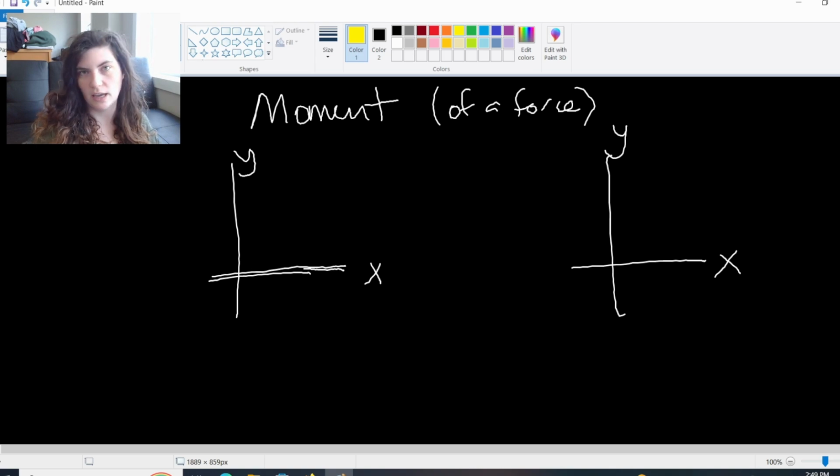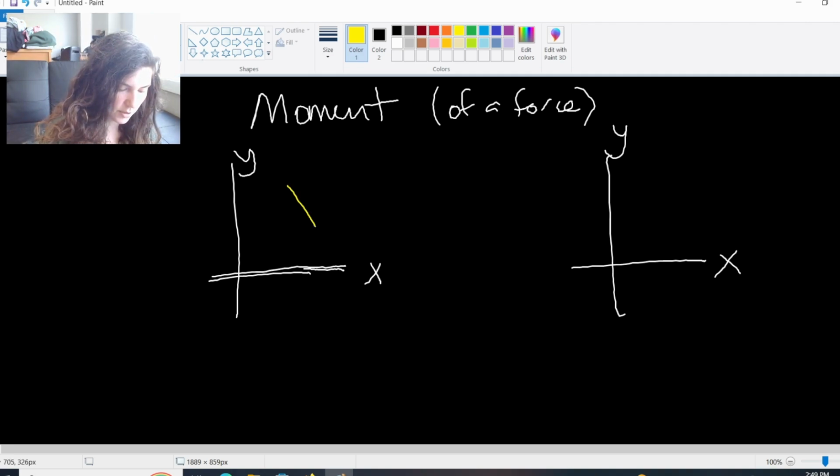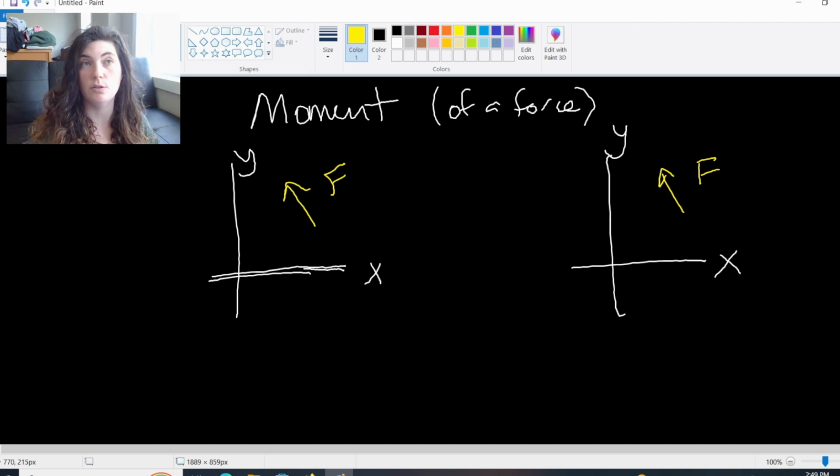Now, when we're doing this scalar analysis of a moment, there are two ways we can approach it. So let's say we have some vector F, some force floating in space, and we want to find the moment about the origin. So moments are always about a point. You have to select a point or be given a point that you're taking the moment about.